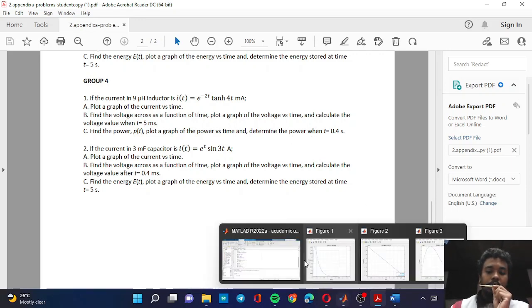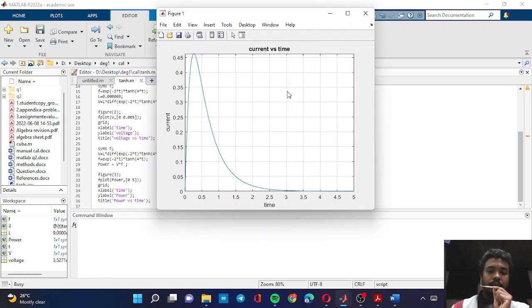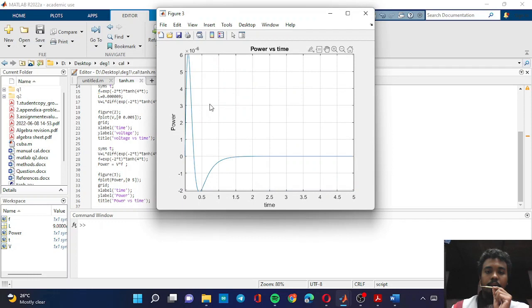For this I have already done the coding. It uses syms t, and I define the voltage equation and then the current equation, because the formula to find the power is V times I. Then I use fplot of power from 0 until 5 with the title power versus time, and then I press run to show the graph of power versus time.